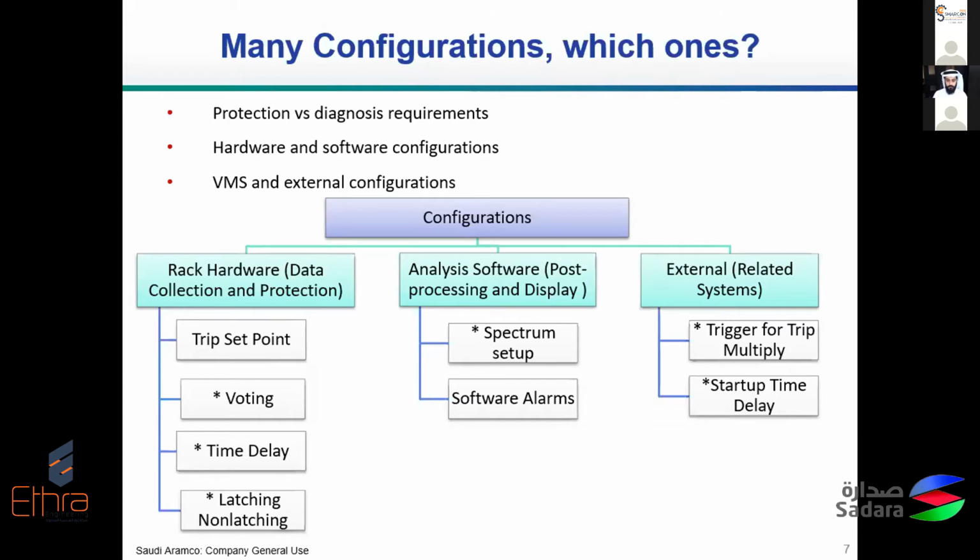For example, if you have a time delay on a high condition of a machine, it is governed by the rack itself. In addition to the ESD, you could have a time delay in the ESD, and you can have another time delay in the rack. Or in a third situation, you can have both of them together.